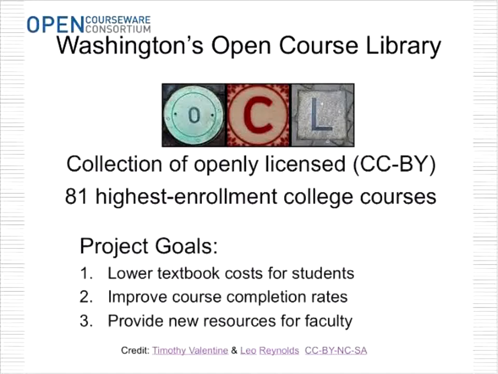Number one, it would lower textbook costs for students, along with helping course completion rates and graduation rates for students who are so heavily impacted by the costs of educational materials today. It was also an effort to produce materials for faculty.